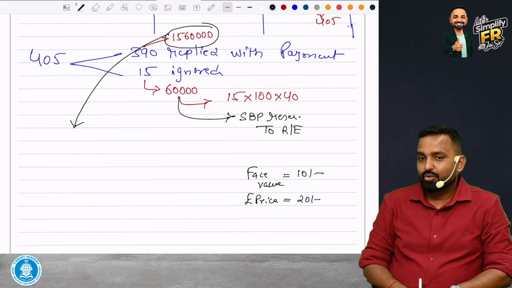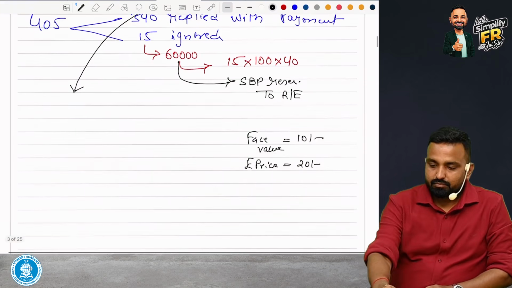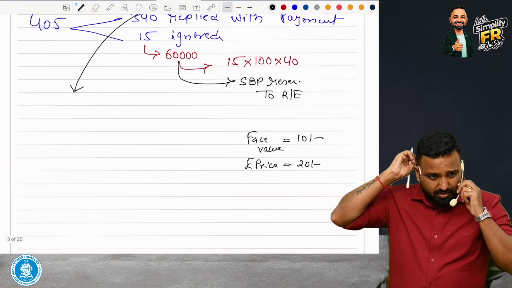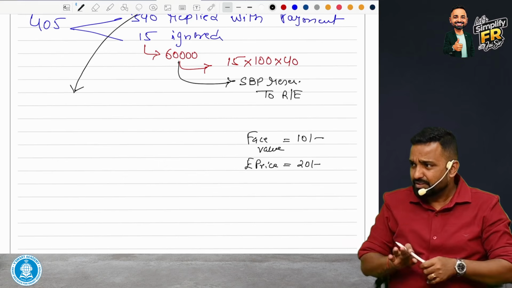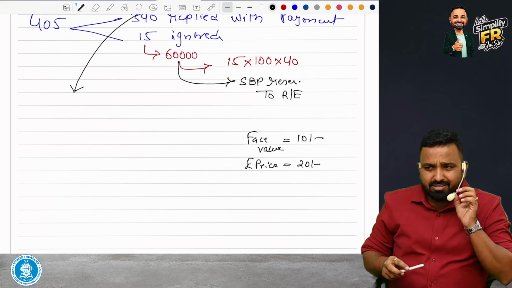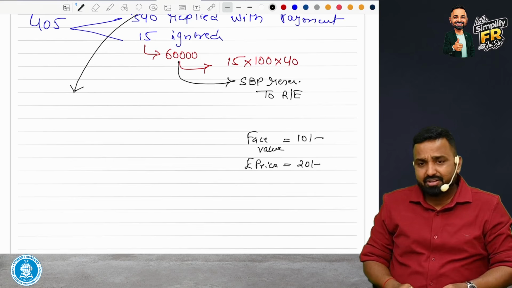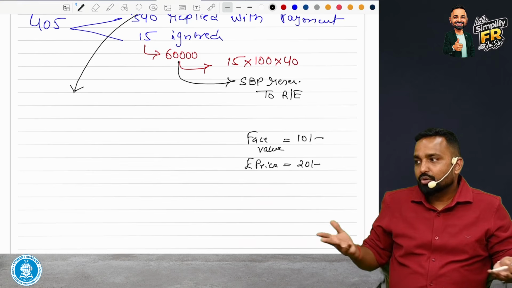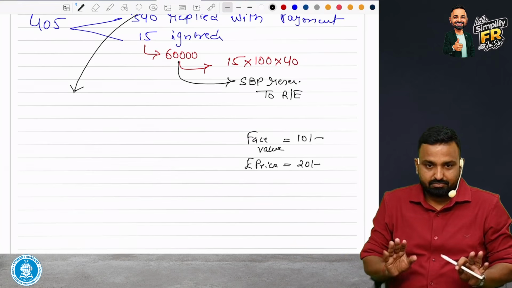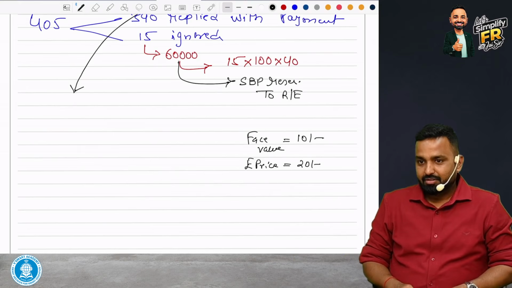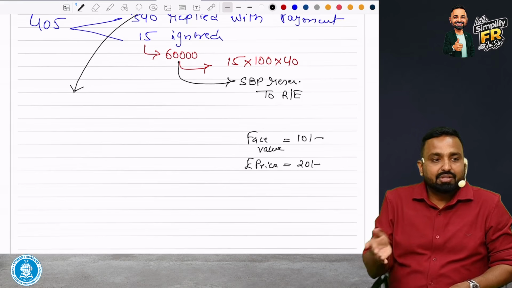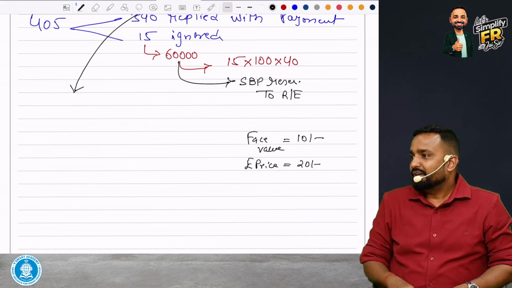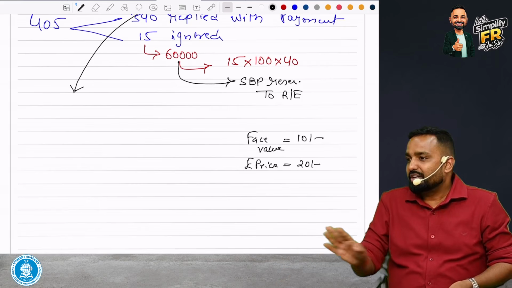Now, work on the journal entry part. I'm just giving you the hint. Whenever we issue the share, whatever money we receive, bank account is debited. Equity share capital account is credited with the face value, and the difference is transferred to securities premium.